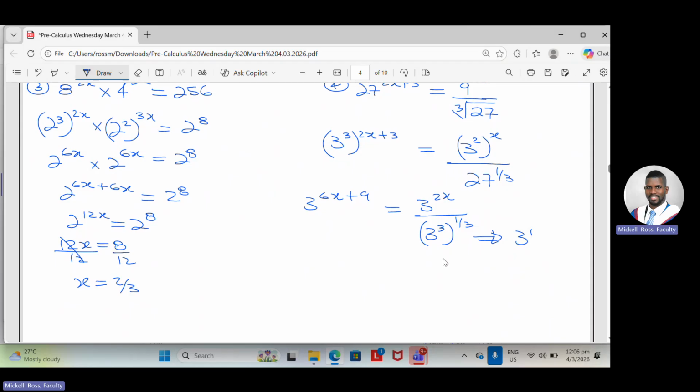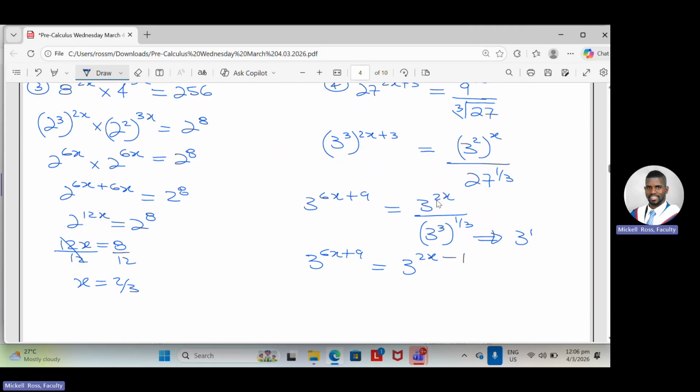And these two are dividing. So what we're going to end up with is 3 to the 6x plus 9 is equal to 3 to the 2x minus 1, right? Because they are dividing, so you just subtract the powers.